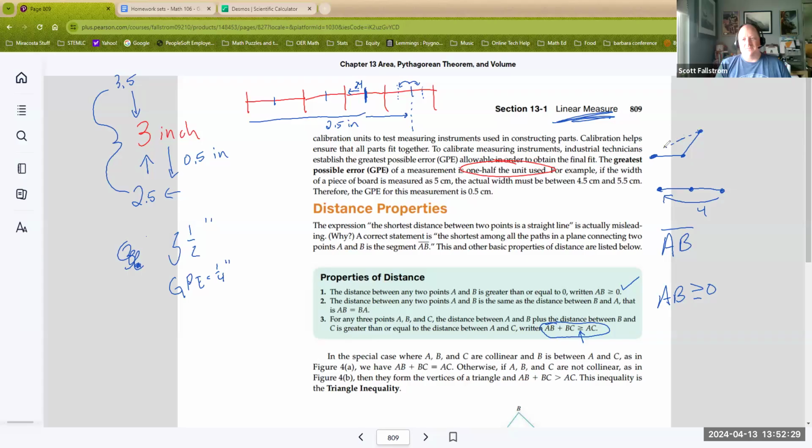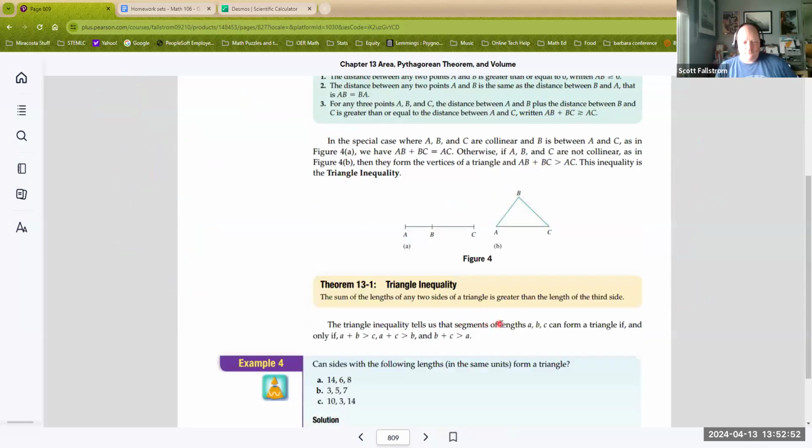Now the distance back to the beginning is not exactly 4 units. It's a little bit less than 4 units. So the sum of 2 pieces has to be bigger than or equal to the third. It would be equal to the third if it's a straight line, if they are collinear. It's not equal if they form a triangle. And that's why we refer to part of this as the triangle inequality.